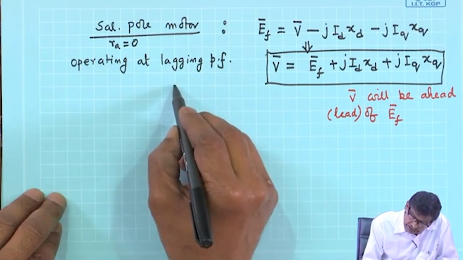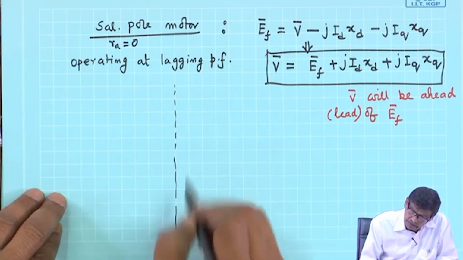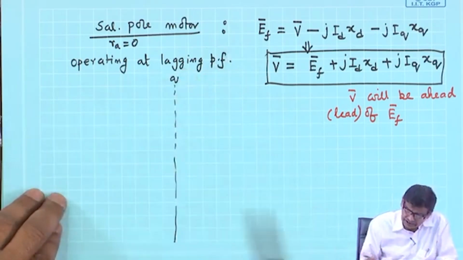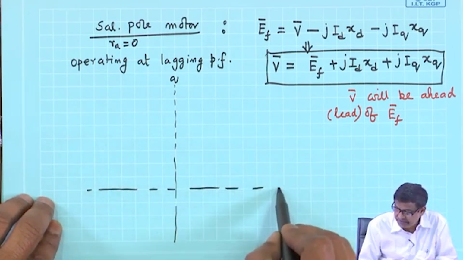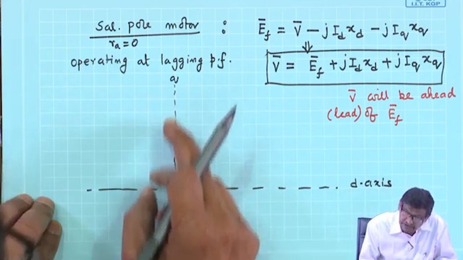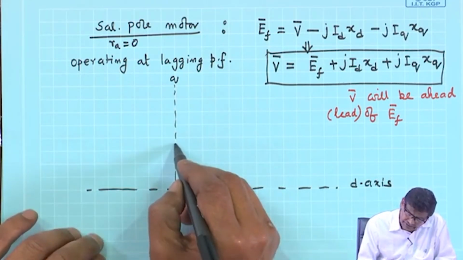So, like the previous one, first draw the q axis. Let this be the q axis. Then the d axis is fixed. Draw that d axis. And I know EF will lie somewhere here. Suppose EF is this much.